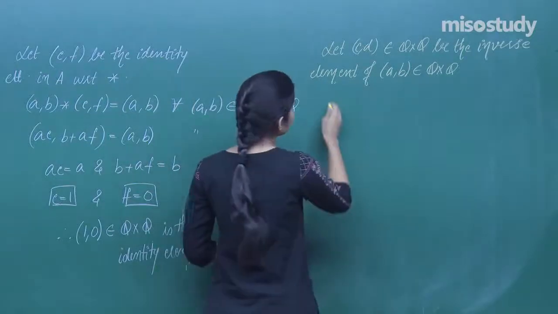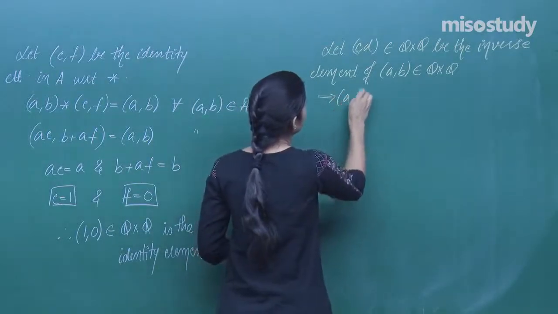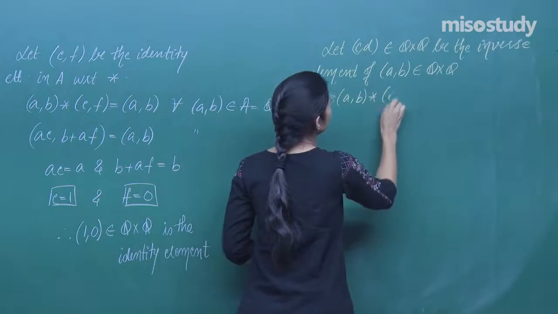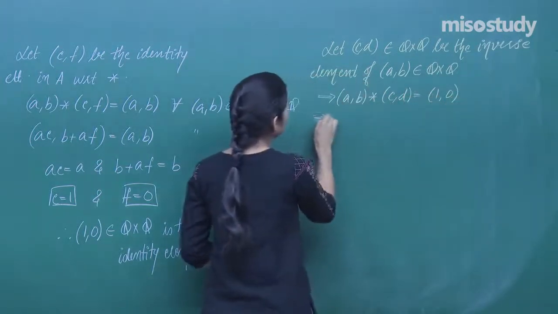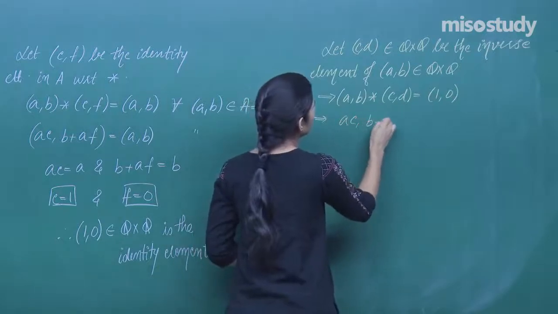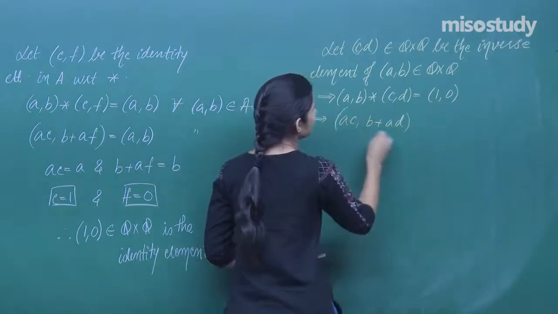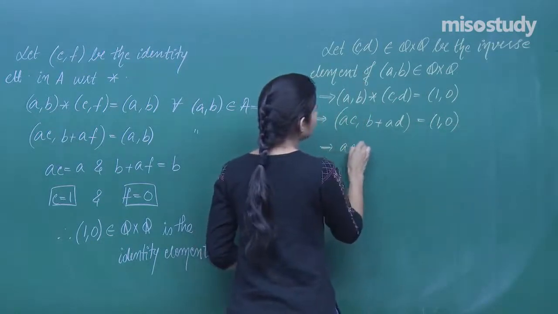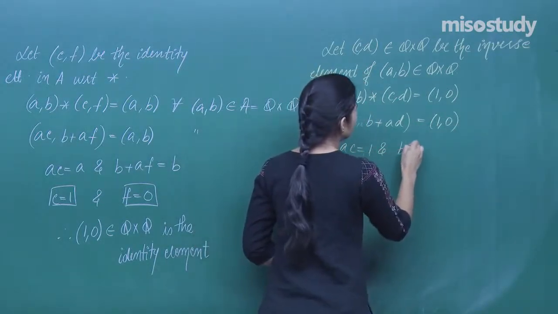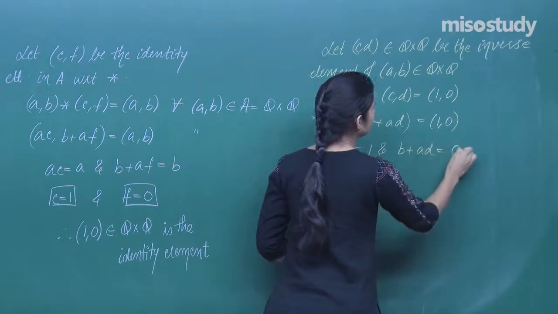If (C, D) is the inverse of (A, B), this implies when (A, B) is operated with (C, D), you get the identity element which is (1, 0). This means (AC, B + AD) according to the definition is (1, 0), which means if you compare, AC is 1 and B + AD is 0.